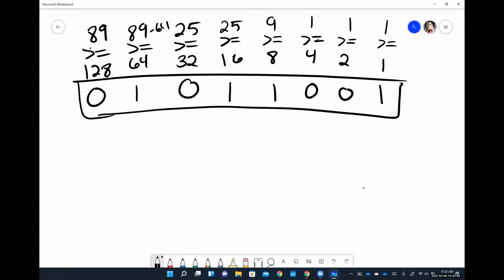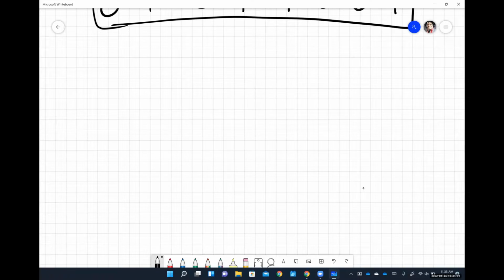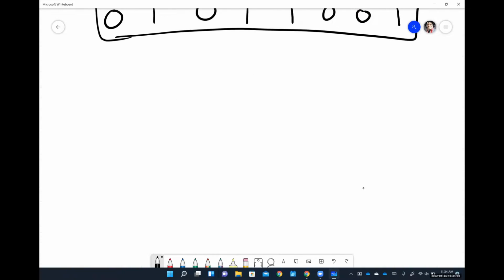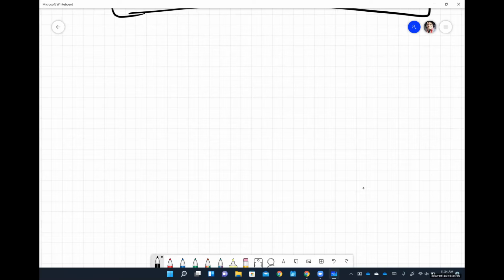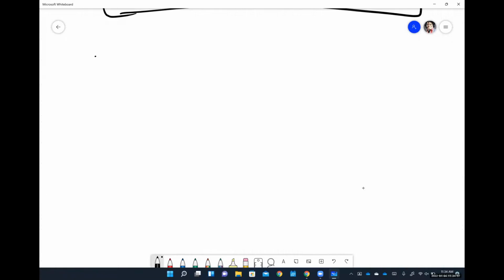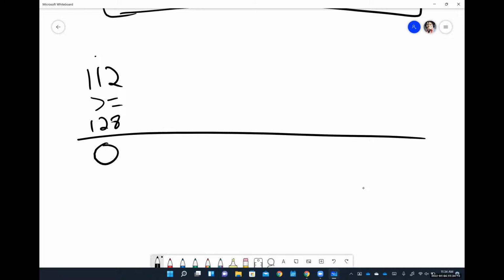All right. So 112. Why don't you go up? 112, greater than or equal to 128? Nope. Greater than or equal to 64? That is a, what is that? 48?